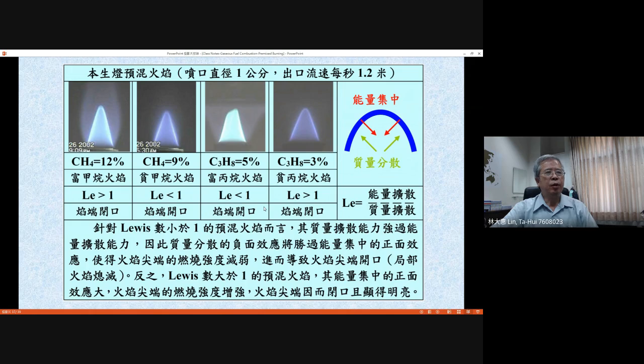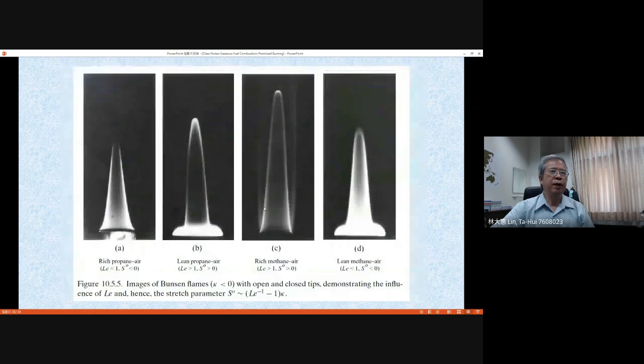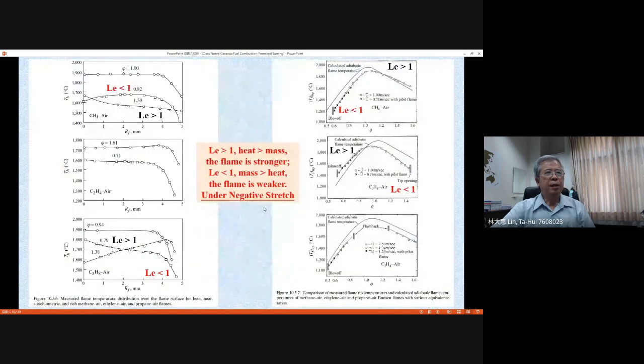And for a Lewis number smaller than 1, you may have an open hole on the tip of your Bunsen flame. Some people do experiments especially for the Bunsen flame, so try to think about those kinds of results.